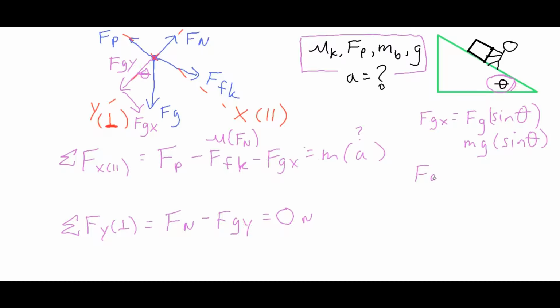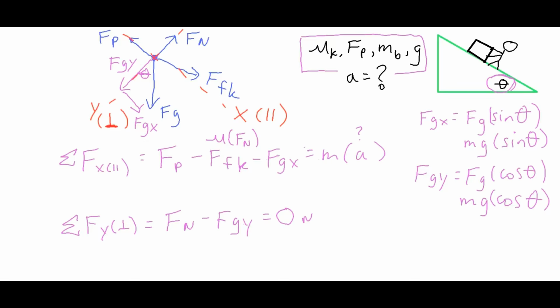And then similarly in the y direction. Now in the y direction, you can see over here Fgy is adjacent to the theta. So we have Fg times cosine of theta to get that adjacent side, which ends up being mg cosine theta. All right, so now we like that because it gives us more things in terms of the variables that they gave us.